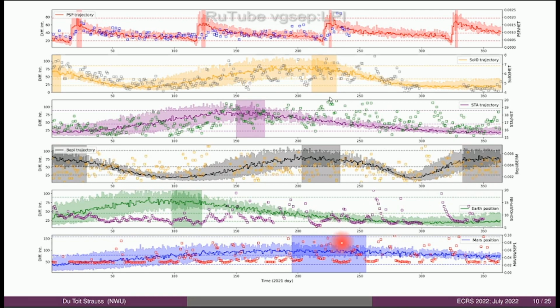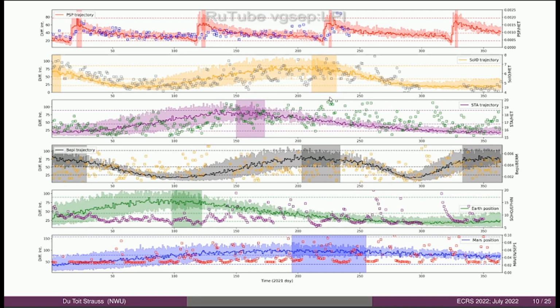From bottom to top, it's Mars, Earth position, Bepi Colombo, Stereo A, Solar Orbiter, Parker Solar Probe. These lines with the error bar or the uncertainty is the model solution, so what we expect from the different spacecraft. And then we've started plotting the data over it.